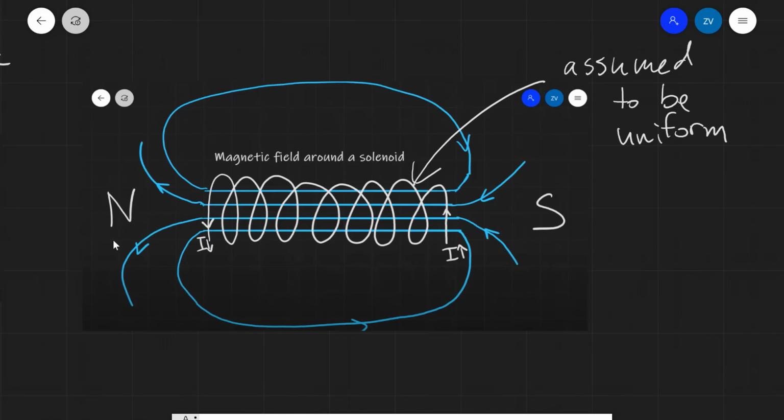The North Pole is around here, and then the South Pole is here, and notice the direction of the currents, which will lead us to determining the direction of the North and the South Pole. So if the current is going downwards, essentially right over here, the North Pole will be in this direction. If the field is going upwards, the South Pole will be here. Then if the current switches direction, the poles will also be reversed.